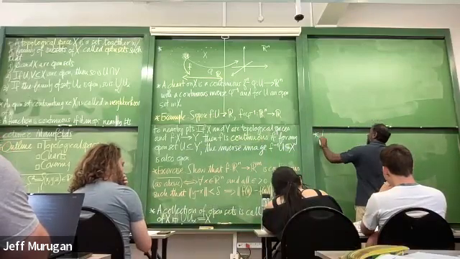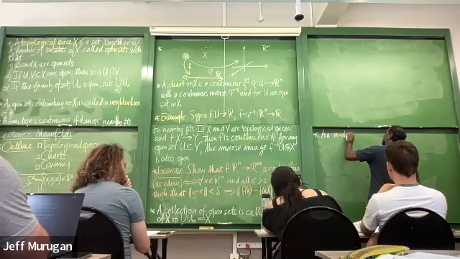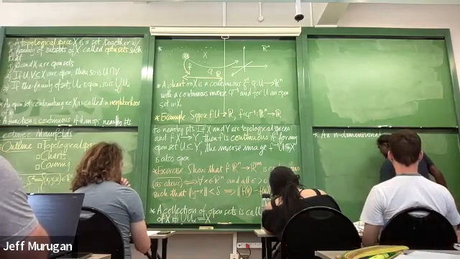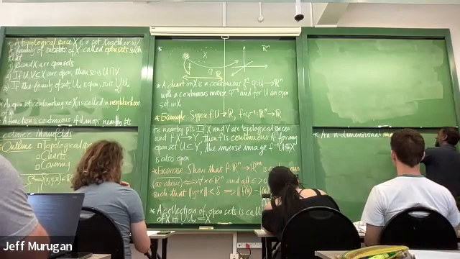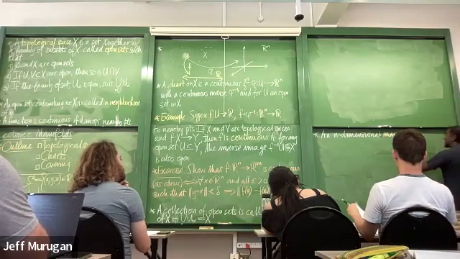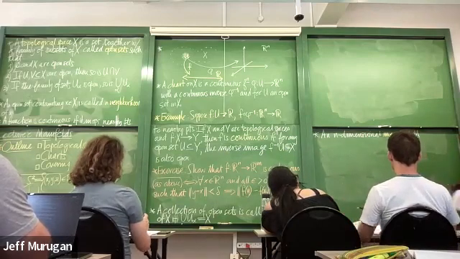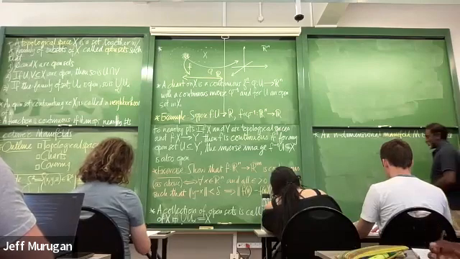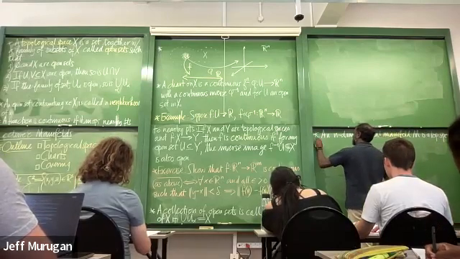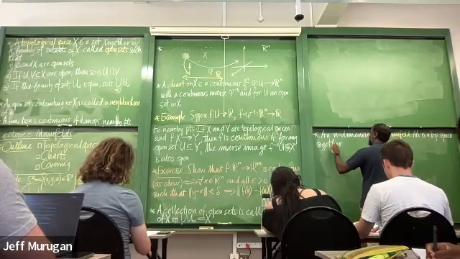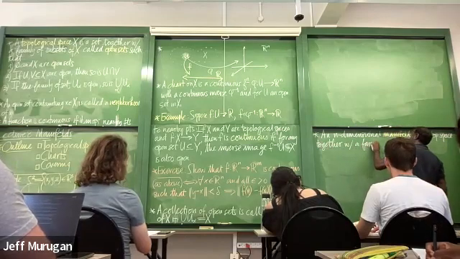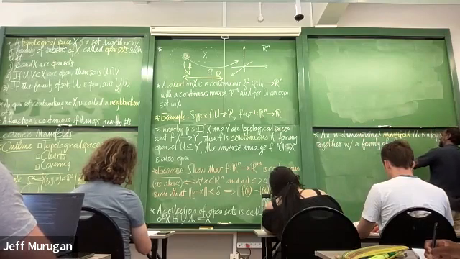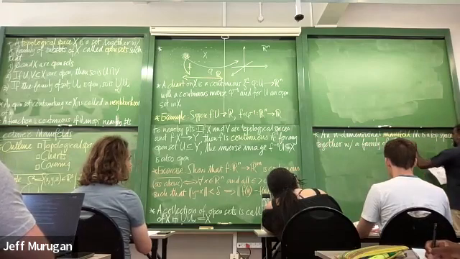So an n-dimensional manifold M is a topological space together with a family of plots, let's call them phi alpha.